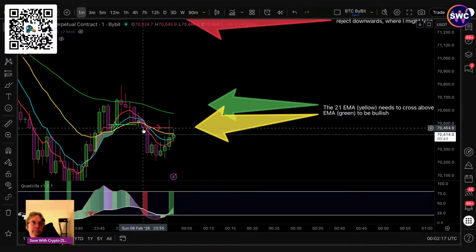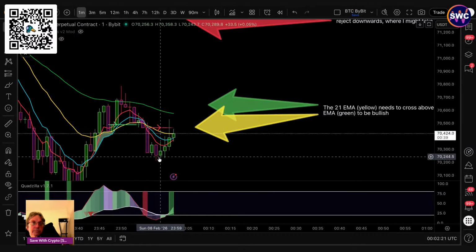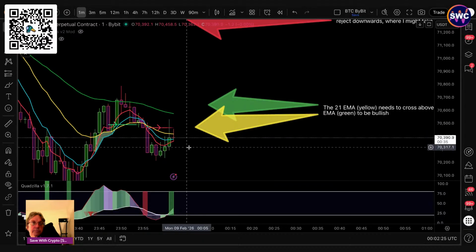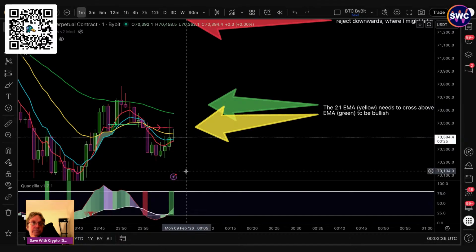Okay, so that was a little bearish retracement there. So that did what it's supposed to do. It went down, went back up, completed. So that should be free to go up if it wants to now.